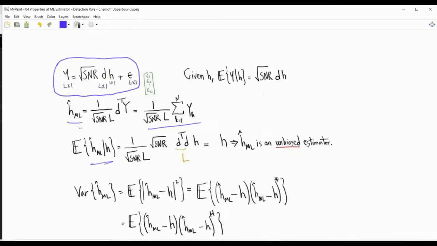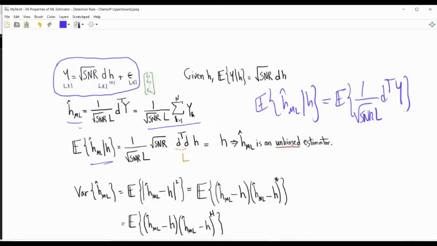If you take the expected value of the estimator given H, it is basically the expectation of 1 over square root SNR L, D transpose Y. And so this is 1 over square root SNR L, D transpose expectation of Y.